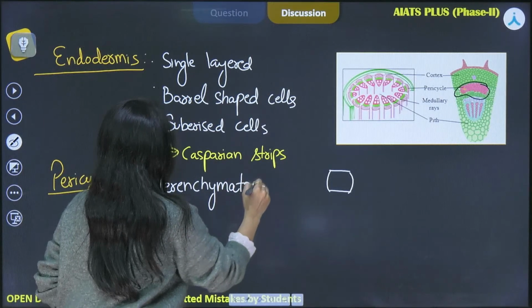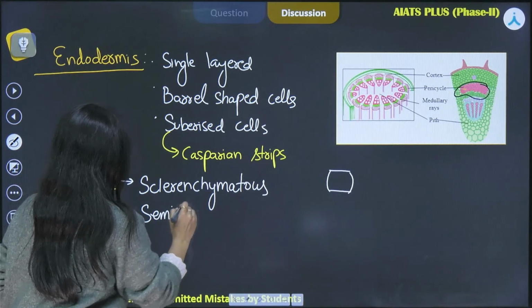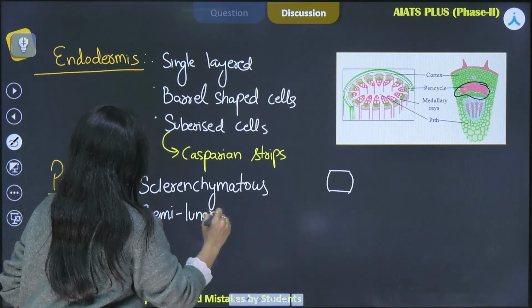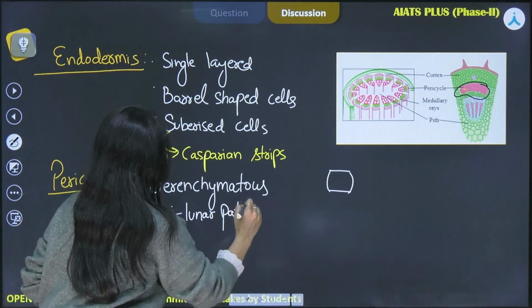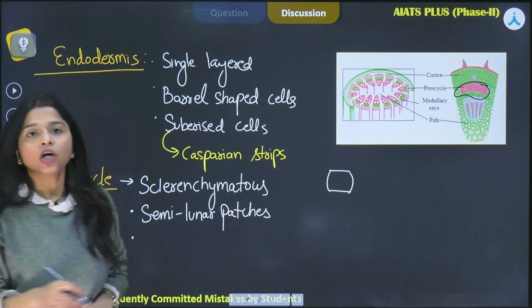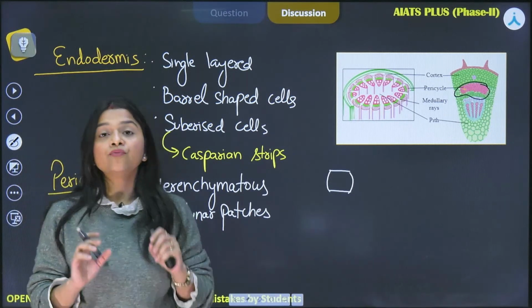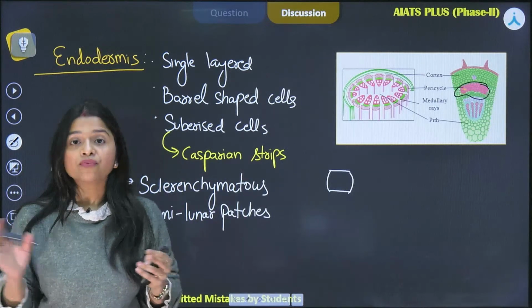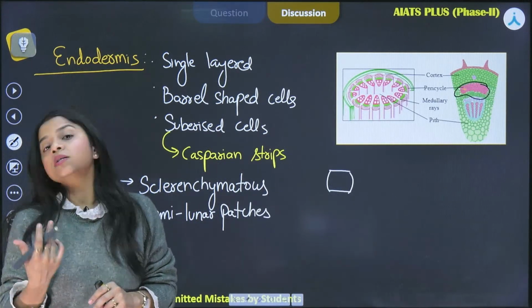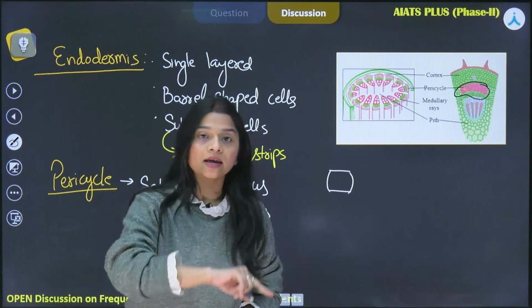Sclerenchymatous, in the form of semi-lunar patches. Next, what is the function of the pericycle? Pericycle is responsible for the lateral growth of the roots. Also, it is responsible for the development of vascular cambium during secondary growth.